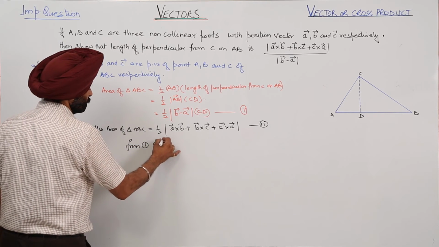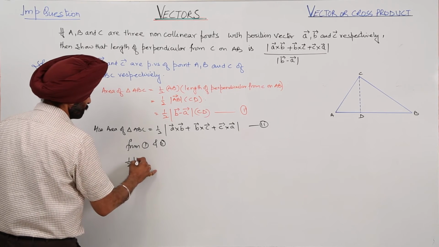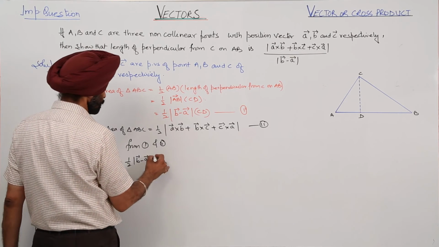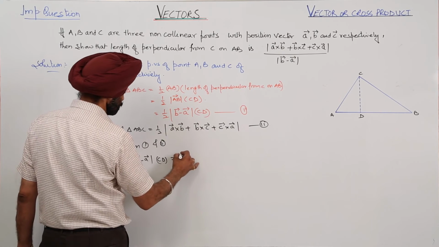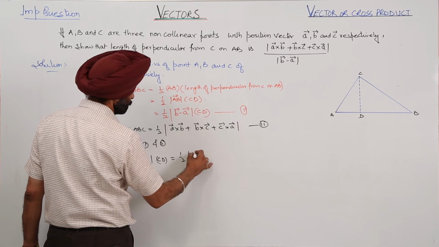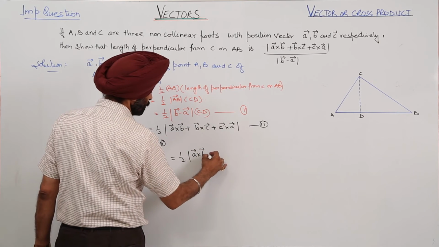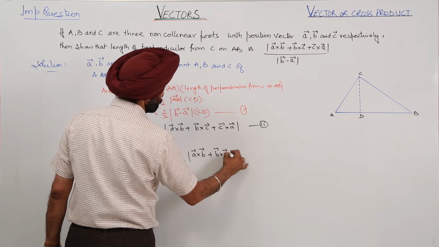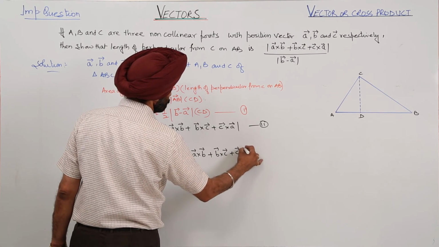Now, from 1 and 2, half vector B minus vector A with CD is equal to half the summation of cross product of AB, cross product of BC, cross product of CA.